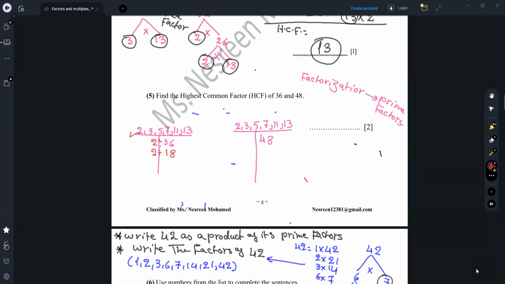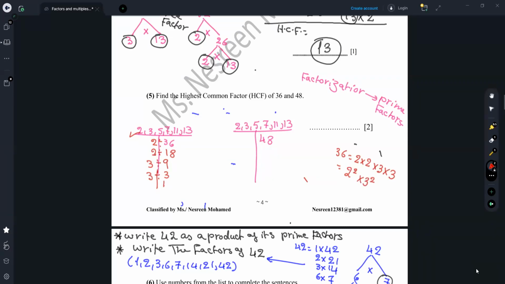We start with 2 because this is an even number, and an even number is divisible by 2. It will be 9. 9 divided by 3 is 3. 3 divided by 3 is 1. So 36 equals 2 multiply 2 multiply 3 multiply 3, or 2 power 2 multiply 3 power 2.